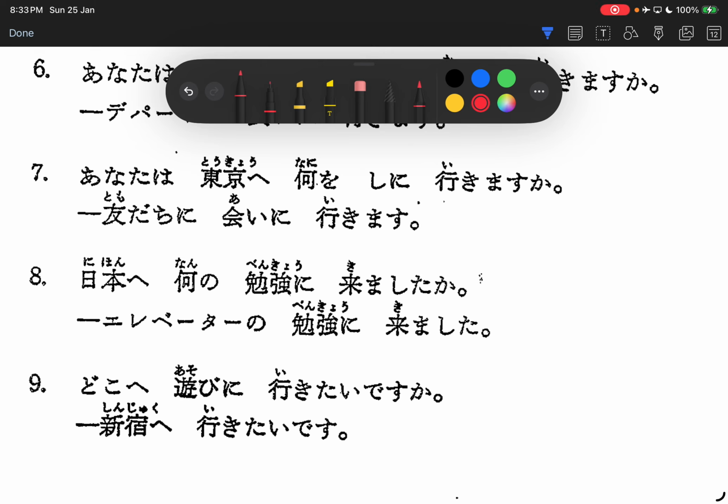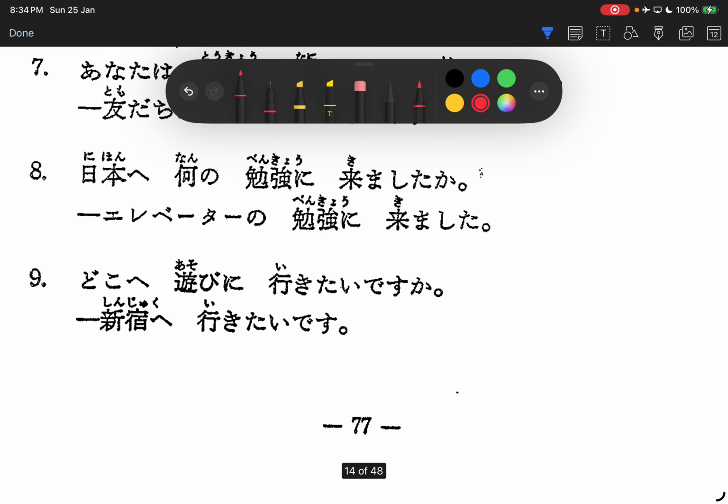We cannot say 友達と会いに行きます because the friend is not with you yet. We are going to meet the friend. There's no accompaniment yet. So in this case, we must still use 友達に会いに行きます. We cannot use the と particle here.